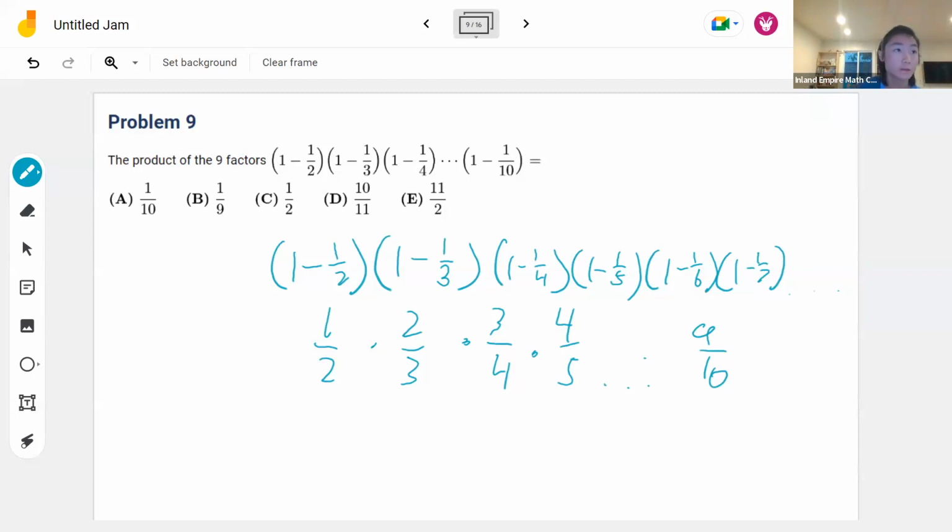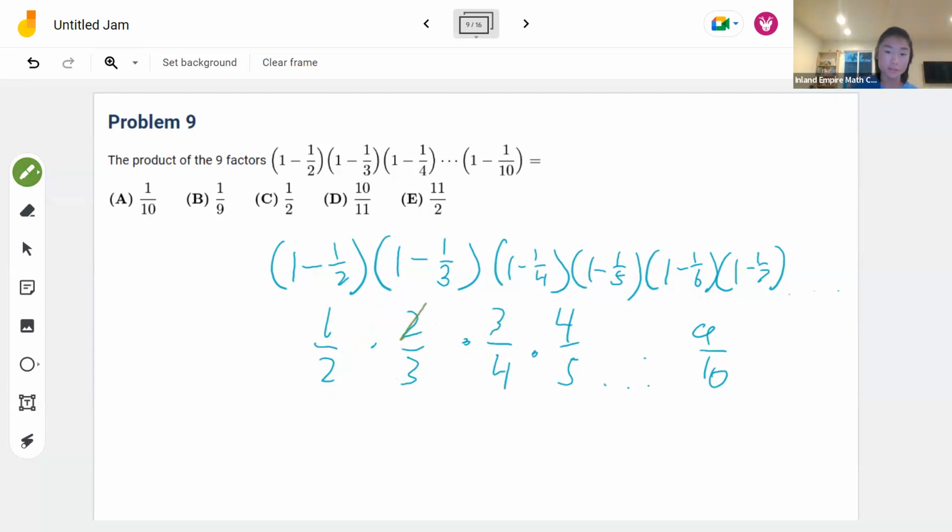So yeah, as you can see, the bottom of 1/2 is going to be the top of 2/3, right? We have 2 and 2, 3 and 3, 4 and 4. I'll switch to a different color here. We can see these groups. Sorry about the bad circles, but hopefully we can see that these are all numbers that we can cross cancel. Right? So we don't have to go through and multiply everything.